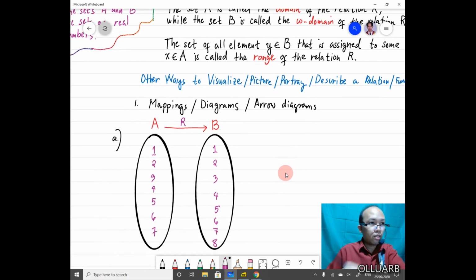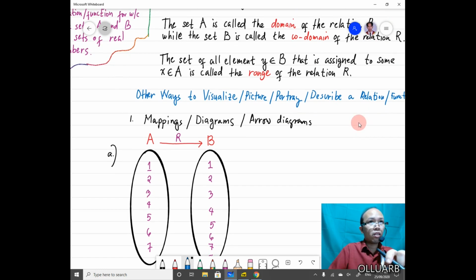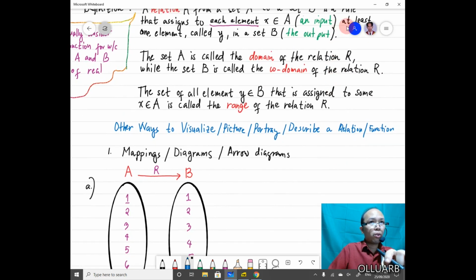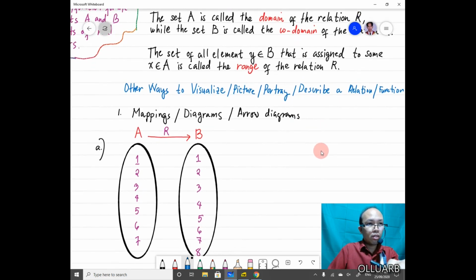When you say relation, you allow it, as you can see here, to have many partners. A relation allows one to many. Remember that a relation allows one to many.